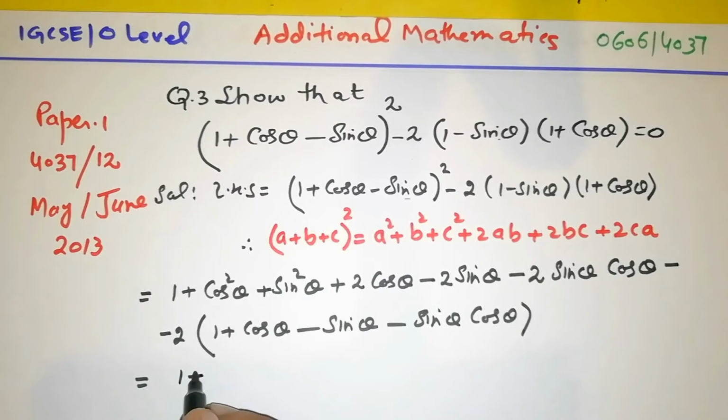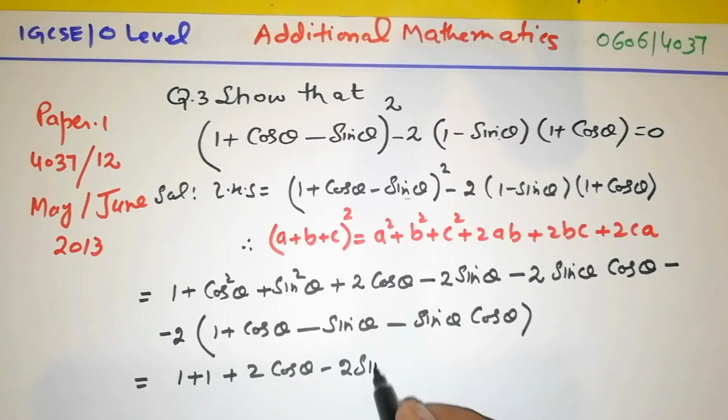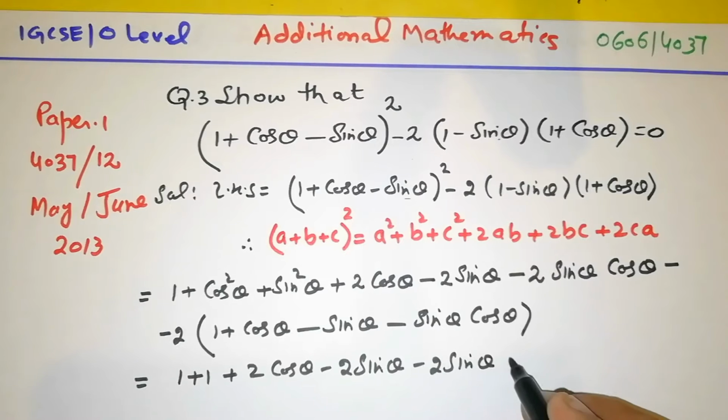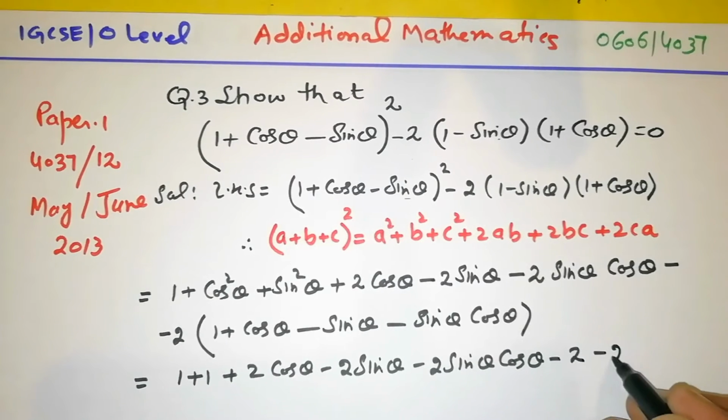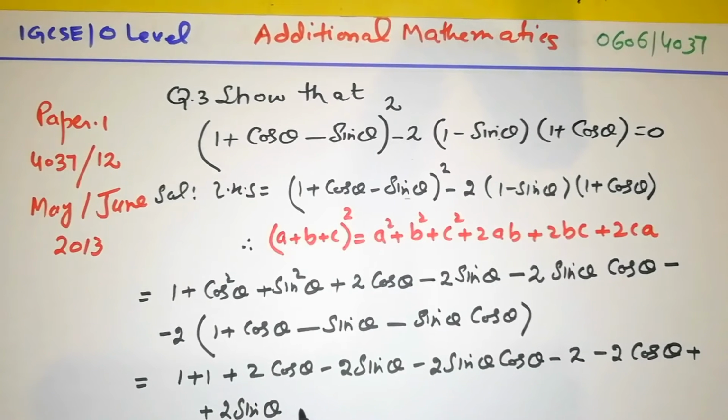Therefore we have 1 plus 1 and plus 2 cos theta minus 2 sin theta minus 2 sin theta cos theta, that is minus 2 cos theta, and plus 2 sin theta and plus 2 sin theta cos theta.